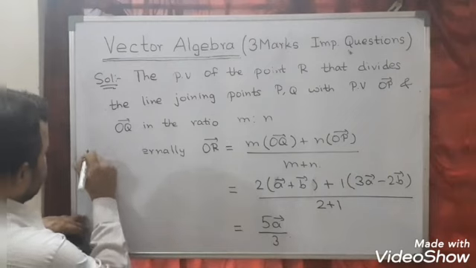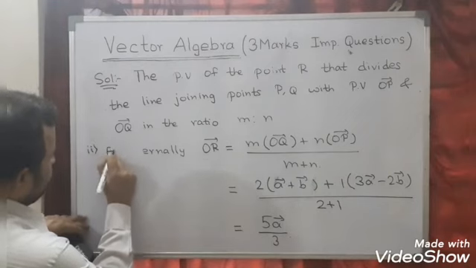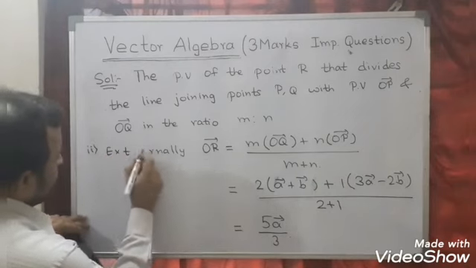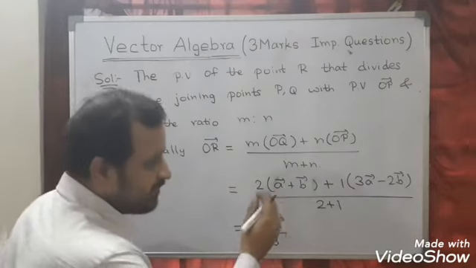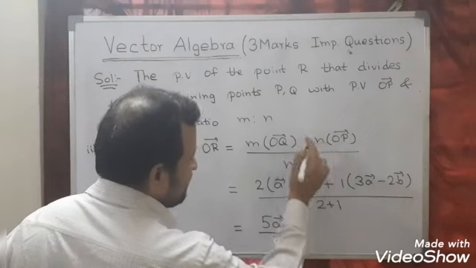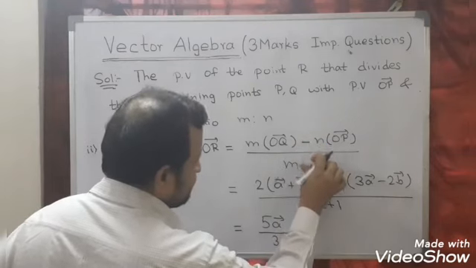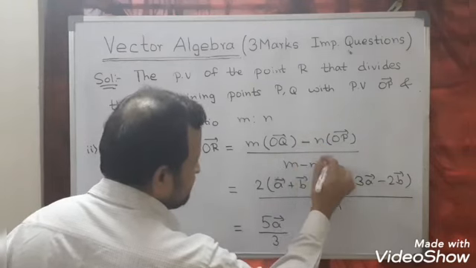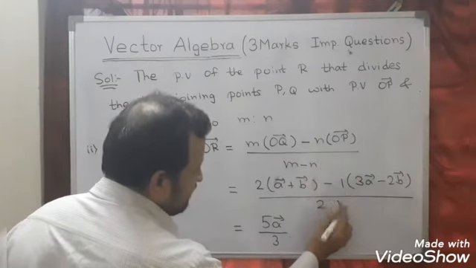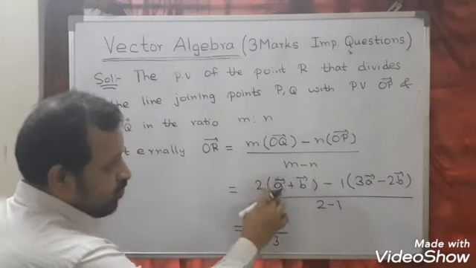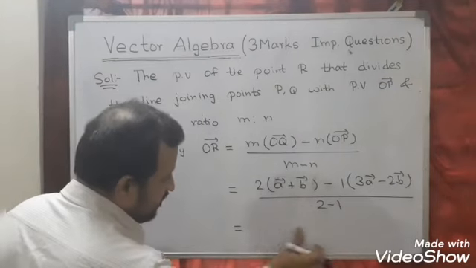The second one is externally. The formula is the same, only in place of plus, minus will come. So this is minus, and this is also minus. Now put the values. 2A minus 3A, how much will come?